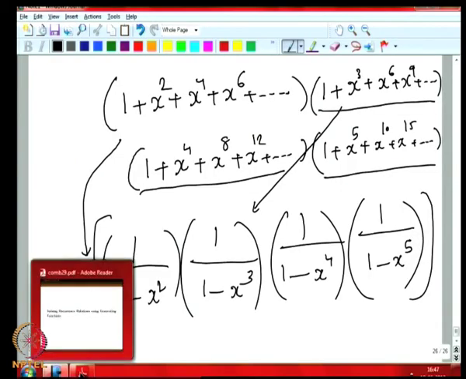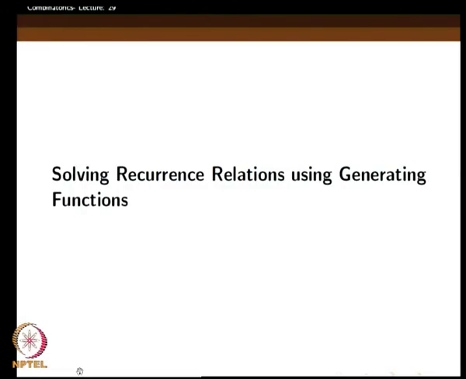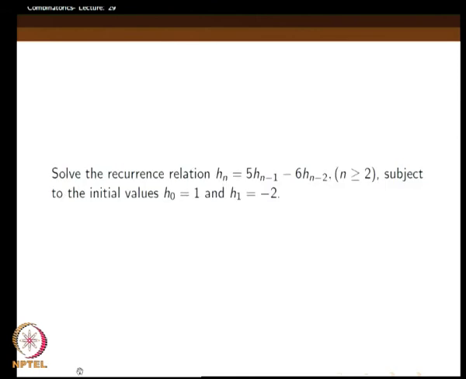In the case of linear homogeneous recurrence relations with constant coefficients of, say, order k, we will show that this method will always work. So this is like a recipe which you can simply use.